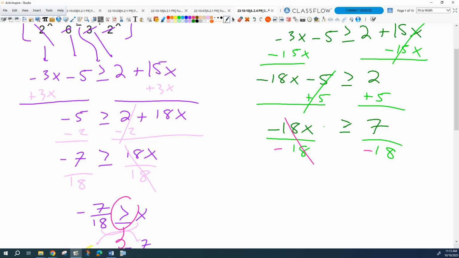That's good. What do I have to be careful about here, though? I got to flip the sign. I divided both sides by a negative, which means I've got to flip that sign around. And we end up with x by itself is less than or equal to, how would I write that fraction? Positive divided by a negative is what sign for the fraction?